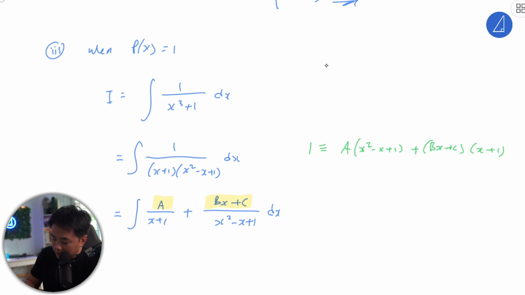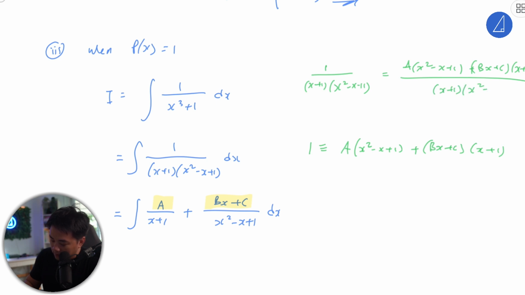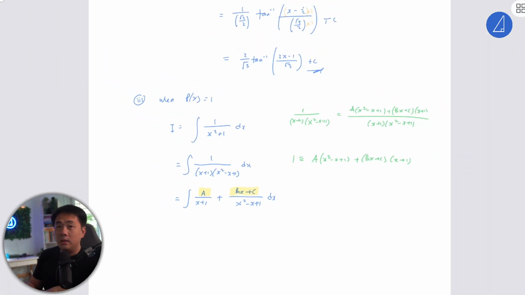Essentially what I'm doing is this. I'll just write this down. 1 over (x plus 1)(x squared minus x plus 1) is equal to a over (x plus 1) plus (bx plus c) over (x squared minus x plus 1); making a common denominator, that gives a times (x squared minus x plus 1) plus (bx plus c) times (x plus 1), over (x plus 1)(x squared minus x plus 1). Okay, that's it.